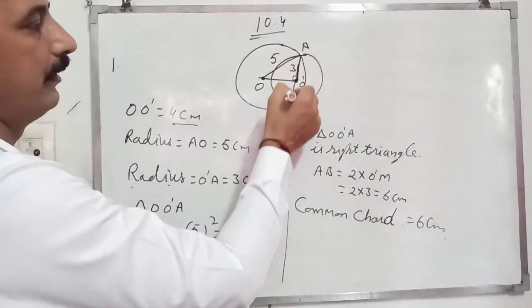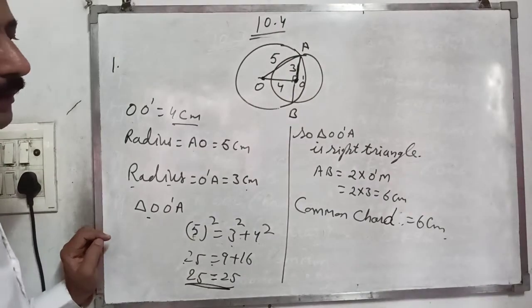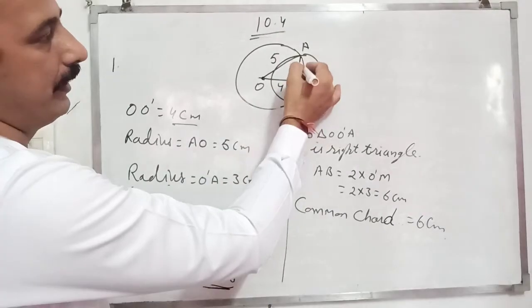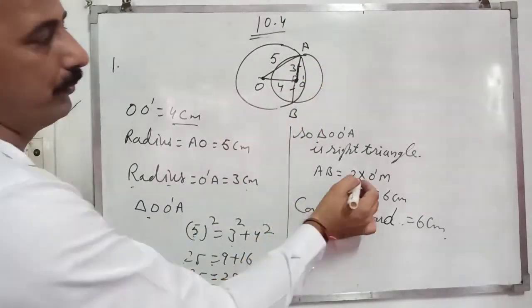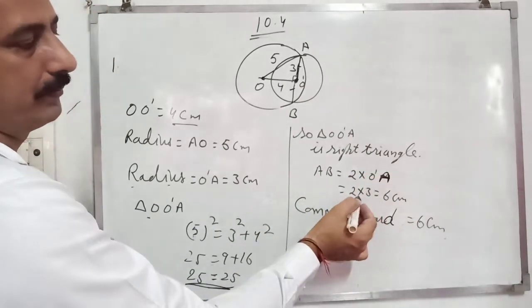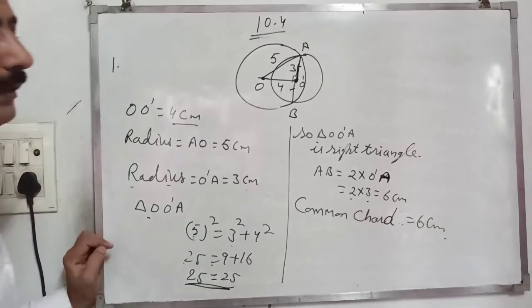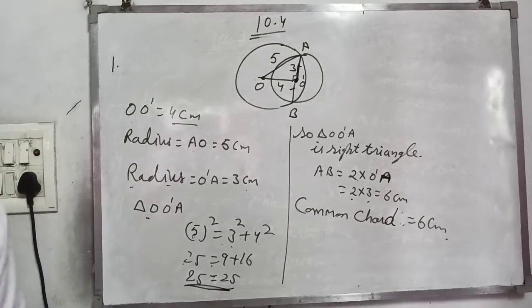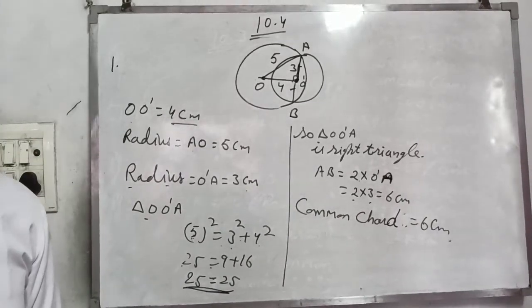So AB is the common chord, and you can say it is twice OA, 2 into 3, you get 6 centimeters. So the common chord is 6 centimeters, right?